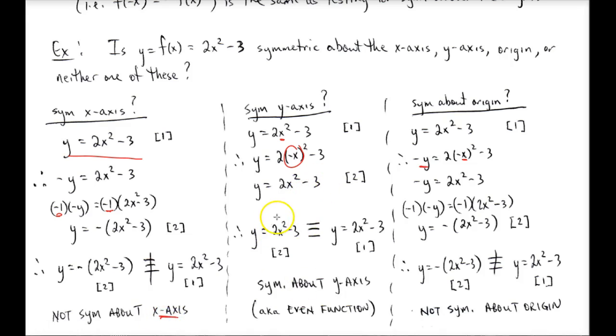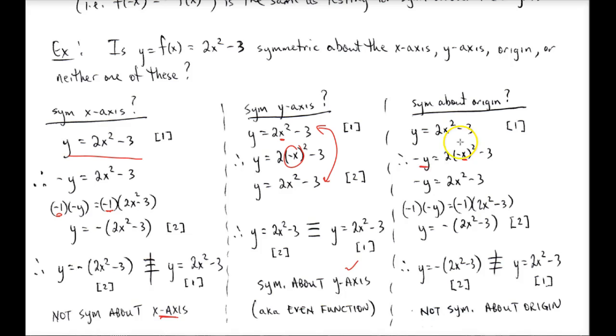About the y-axis, we see that if we replace x with negative x, and here's what we started off with, here's what we ended up with. And it looks like the exact same thing. So because of that, we know that this particular function here is going to be symmetric about the y-axis.